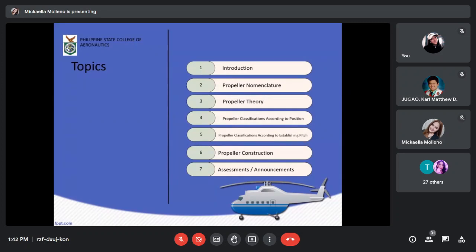First, we would just have a brief introduction. Then we move on to propeller nomenclature, and then propeller theory, propeller classifications according to position, propeller classifications according to establishing pitch, propeller construction, and if I have assessments or announcements. Which regardless naman, for the seventh part, most likely, upo-post na lang ako sa Google Classroom.